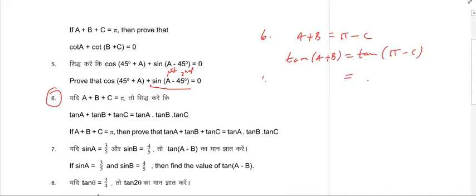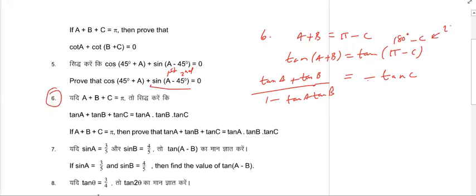Tan of a plus b is tan a plus tan b over 1 minus tan a tan b, which is negative tan c, because pi minus c is in the second quadrant.